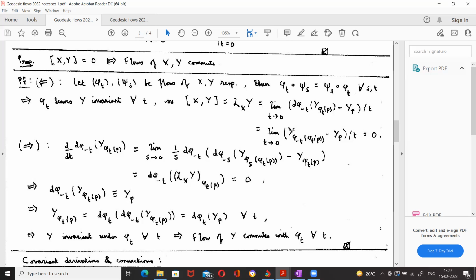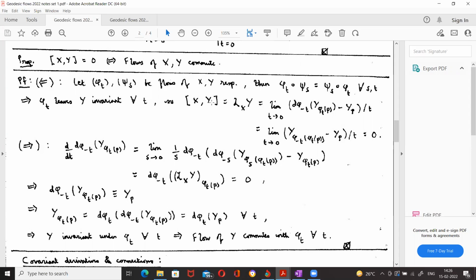And so this becomes y at p minus y at p, so that's 0. Okay, so the Lie derivative is 0, therefore the Lie bracket is 0. Is this all right? Yes? Any questions? This is fine? Okay, all right.